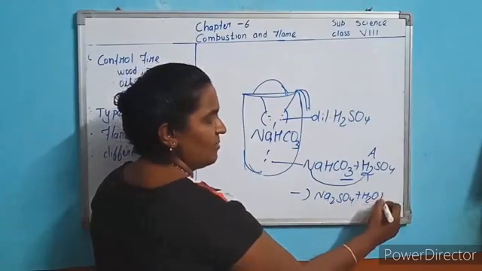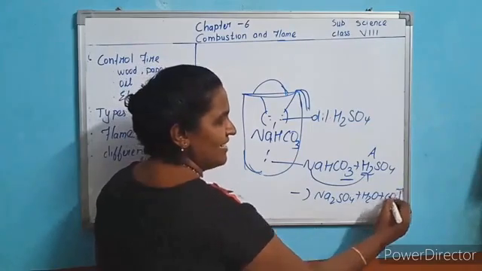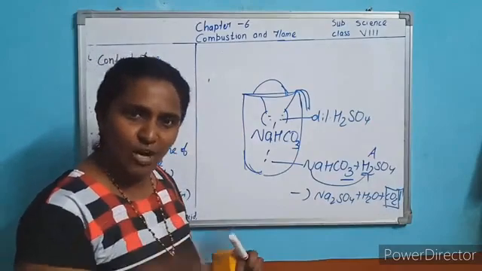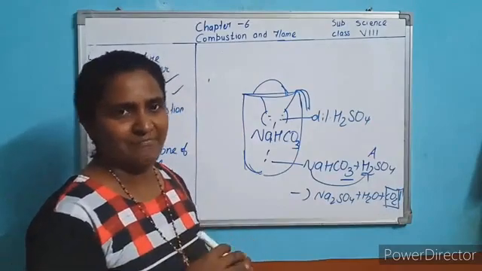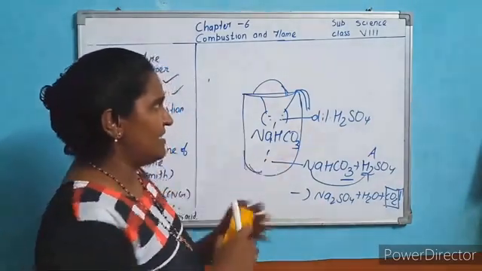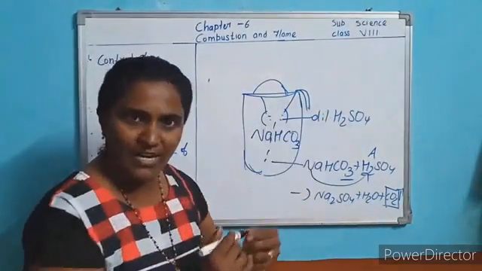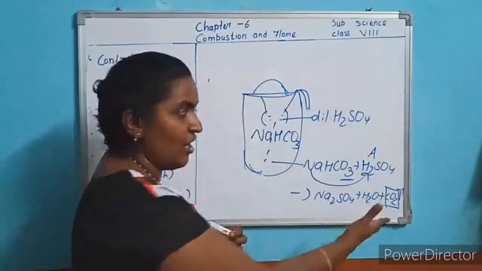Water, carbon dioxide. This gas is responsible for putting off the fire. When you press the outlet, which gas will be liberated? Carbon dioxide gas.